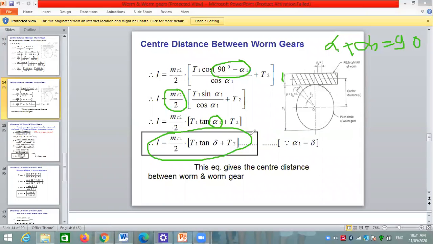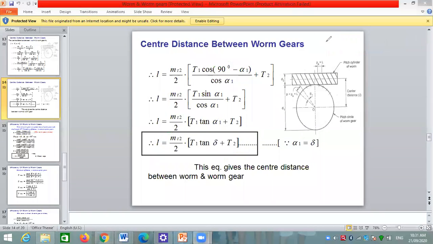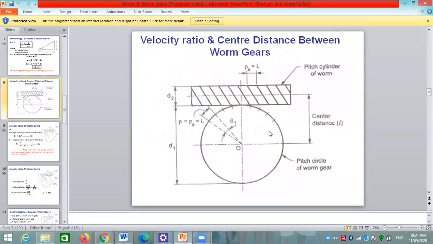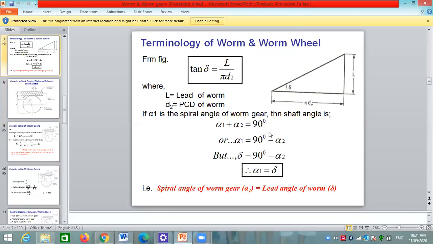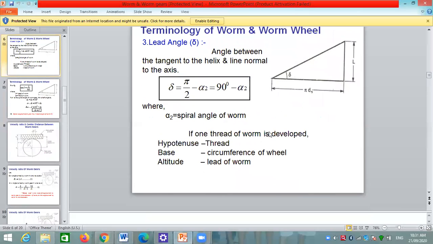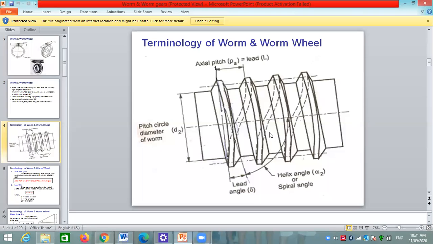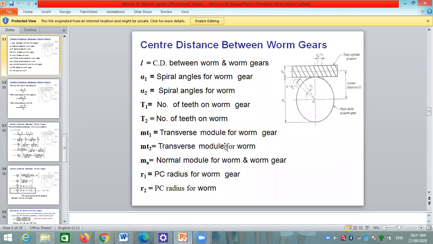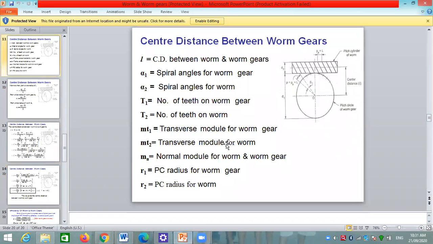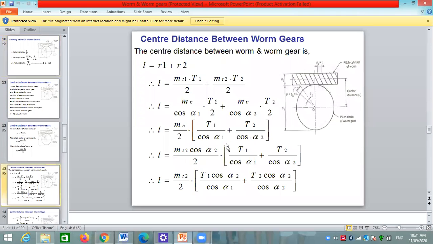This is the equation to calculate the center distance between a worm and worm wheel. Okay.